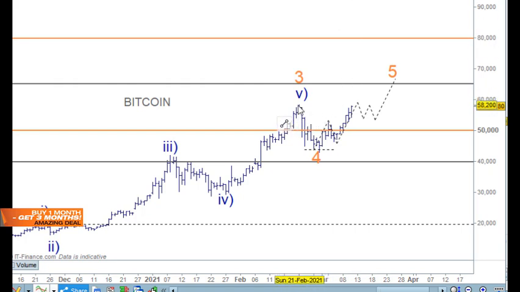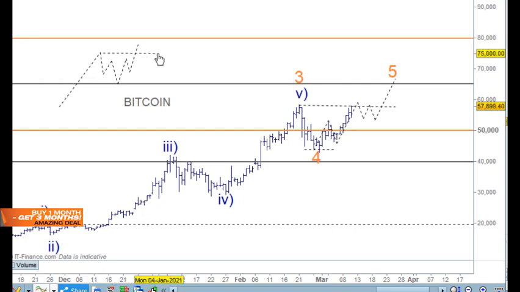So I need to point out an expanded flat. The flat corrections, there's a little family of them. There's 3 of them: the regular flat, the expanded flat, and the running flat. The expanded flat, basically the market moves up here, moves back down in 3 waves, and then moves up here in 3 waves, taking the top out here.